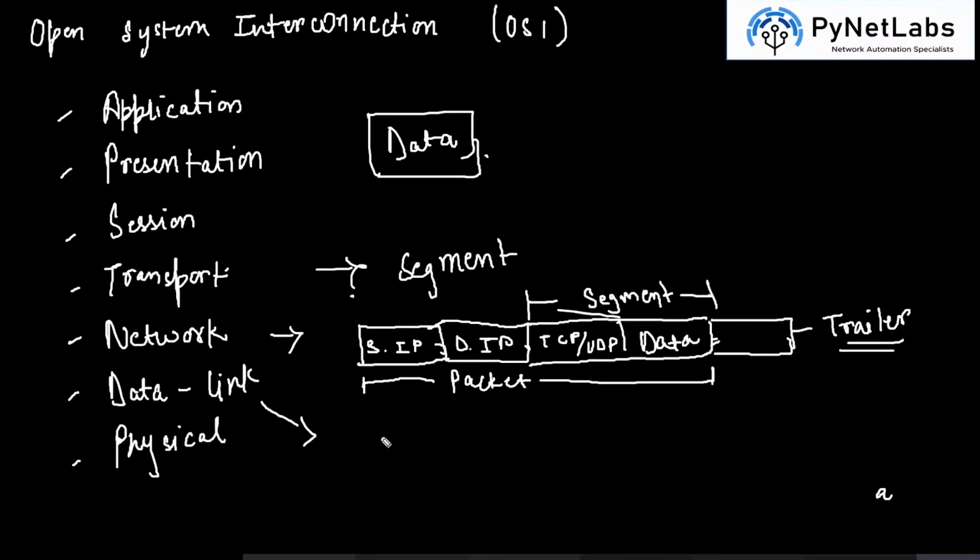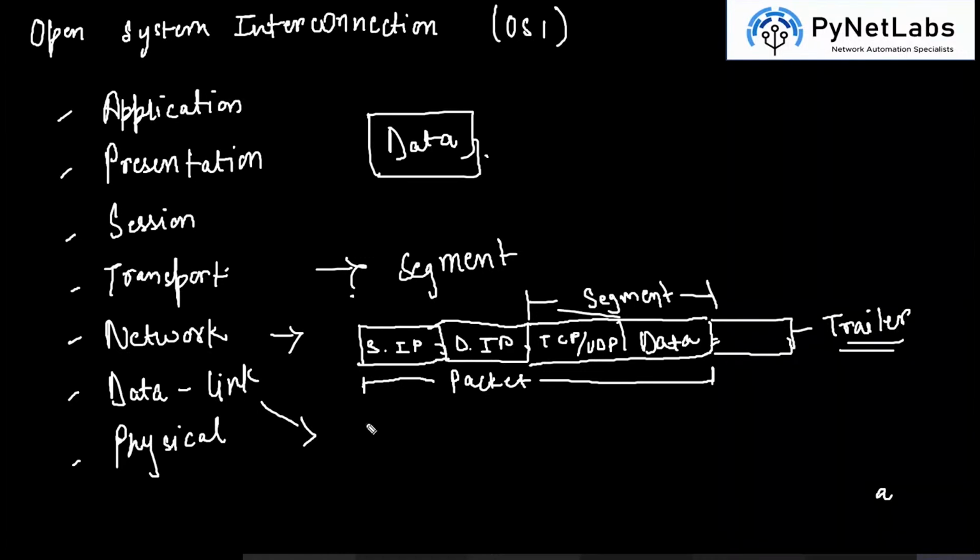Now when we talk about the data link layer, this layer defines how computers access the media. So this layer defines something related to cables. It defines which type of cable shall be connected between 2 devices.